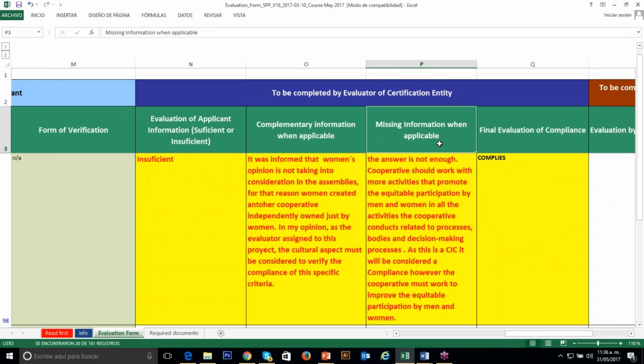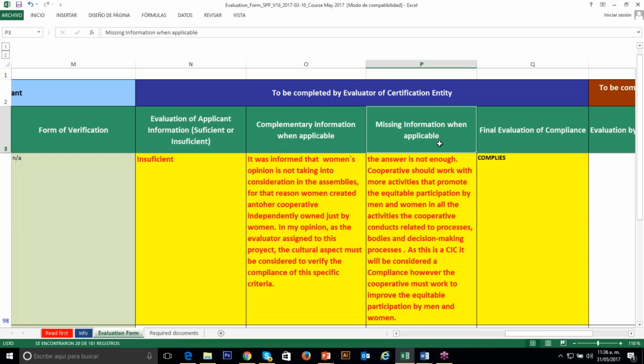You could write the information that you consider is necessary to comply 100% with this specific criterion. It doesn't matter, you as evaluator can write these suggestions. As you said, maybe workshops about gender and other topics about equality between men and women. Maybe there are different kinds of topics for workshops.